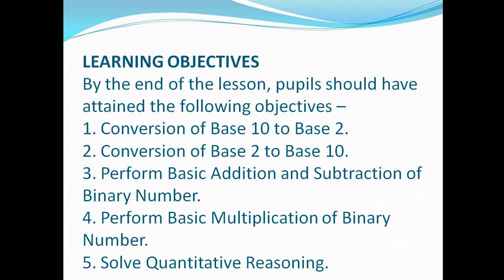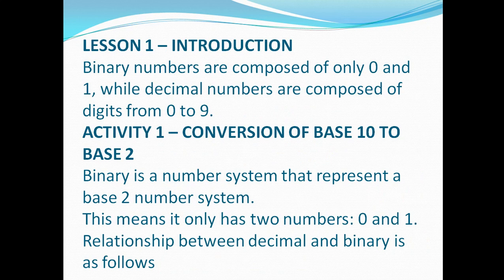Number 3, pupils should be able to perform basic addition and subtraction of binary numbers. Number 4, they should be able to also perform basic multiplication of binary numbers and division as well, which is not very common at this stage, but we're going to introduce it as well. Then solve quantitative reasoning questions.